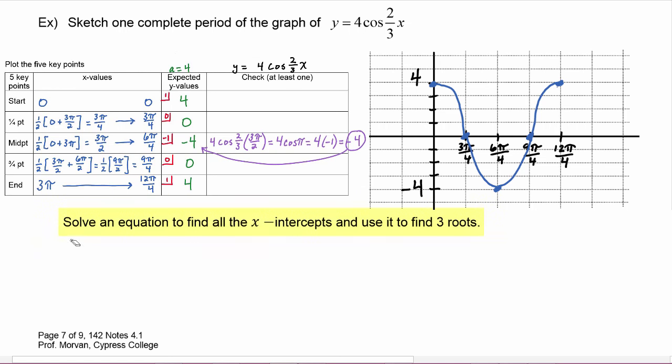Next, we have to solve an equation to find all the x-intercepts and then use it to find 3 roots. Remember, x-intercepts and roots are the same thing.